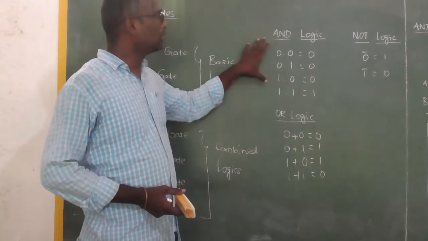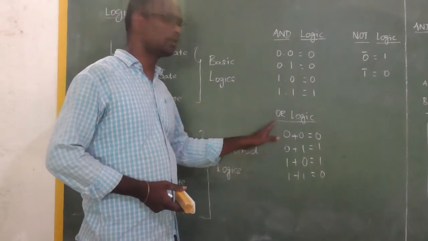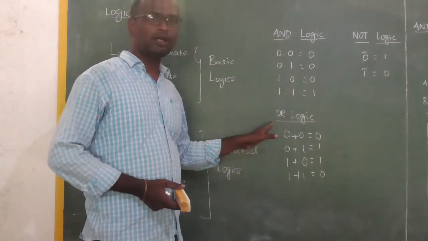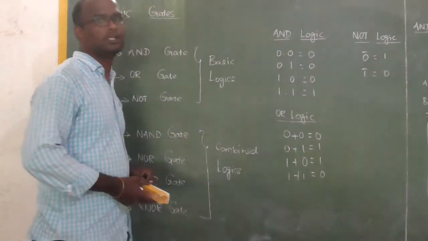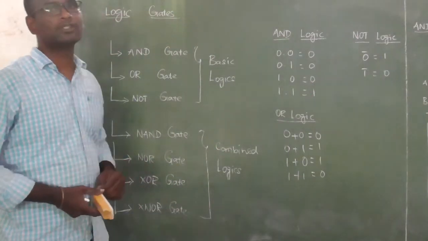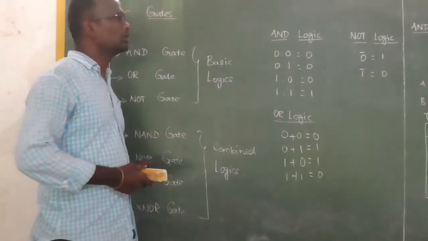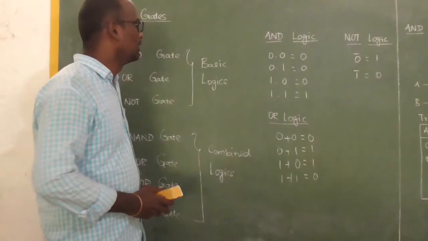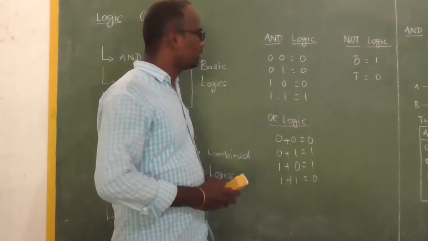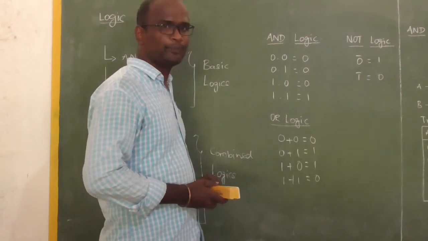In AND logic there are 4 logical equations, in OR logic there are 4, and in NOT logic there are 2. So these are called basic logical operations, proposed by Boolean algebra.